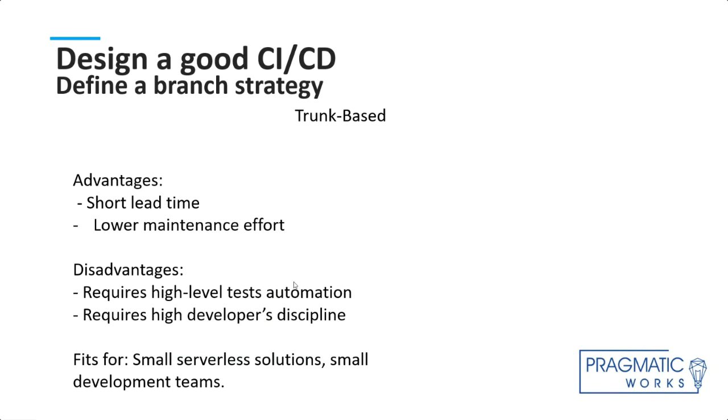It also requires high developer discipline, because you should commit every short time. You shouldn't make long-living feature branches, and you should do it in a more proper way, make some documentation for your code and so on. So yeah, that's more difficult from my point of view.